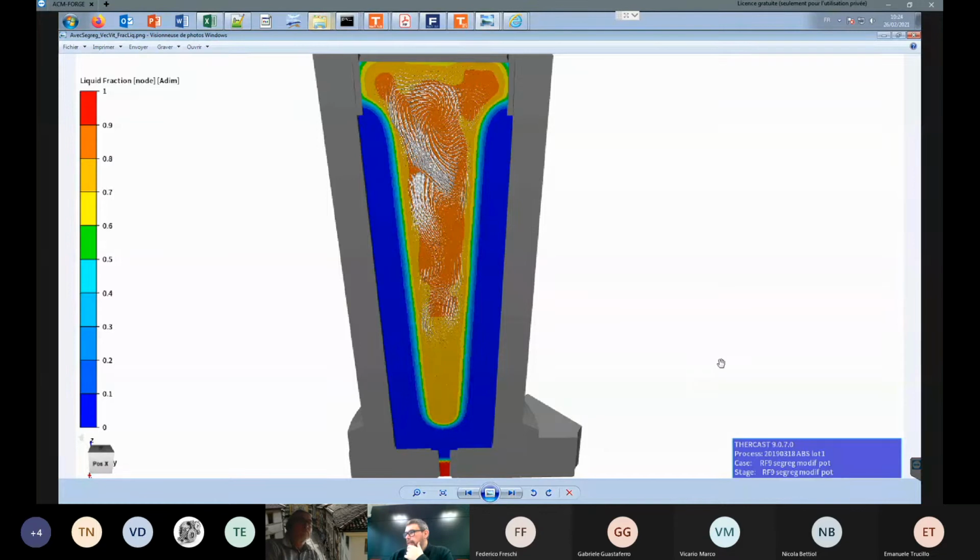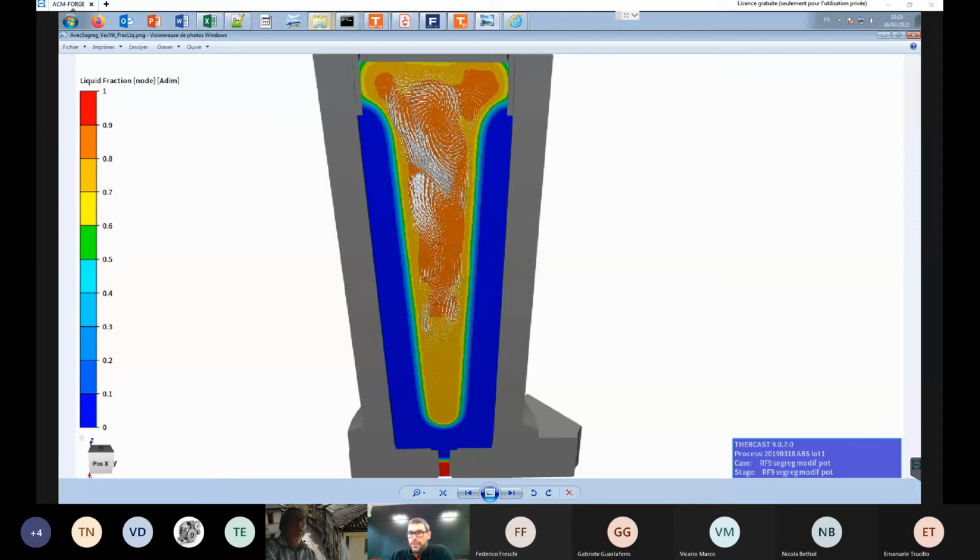With this kind of simulation, we can also look at macro segregation and compare it with experimental data that are obtained on a real ingot. So that's it. If you have any remarks or questions, please feel free.